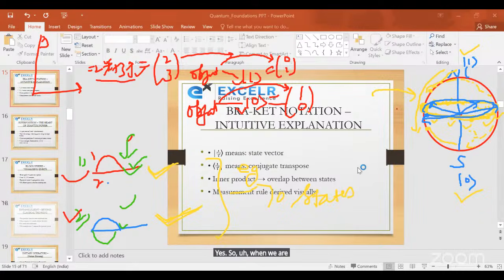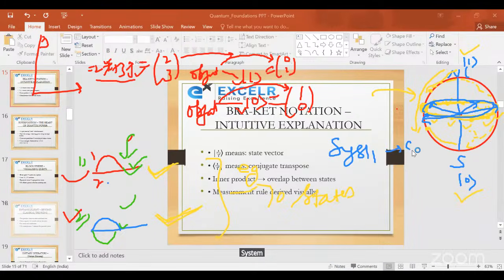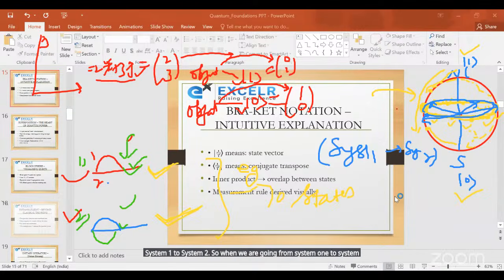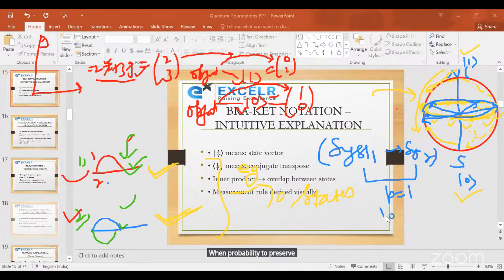Now we have talked about unitary transformation. When we are going from system 1 to system 2, the very first basic thing is that there is one criterion which remains preserved: the probability should be 1. To preserve this probability, we need a unitary transformation.